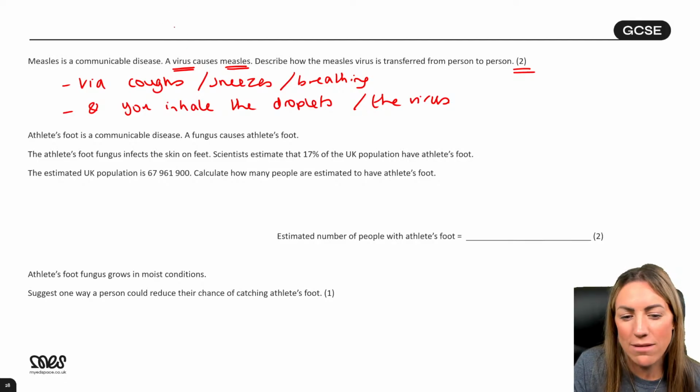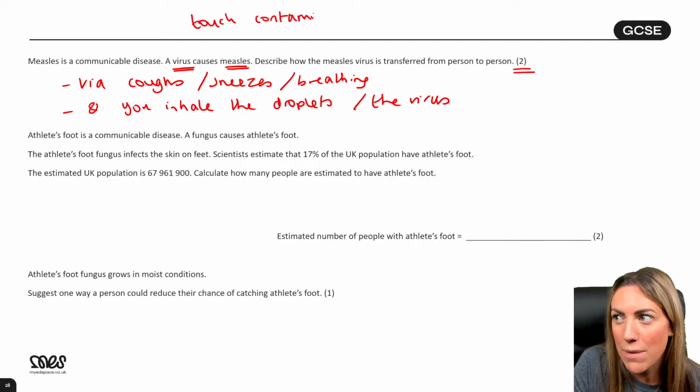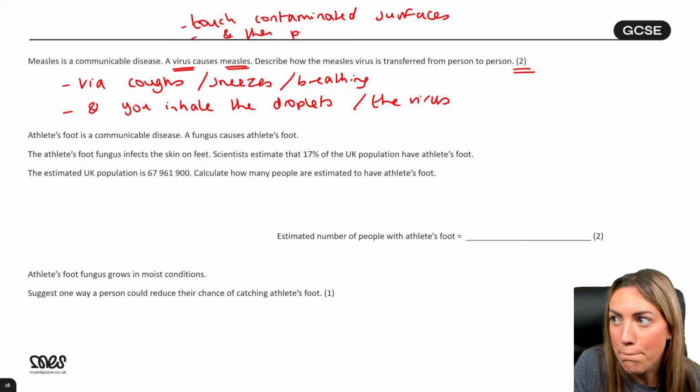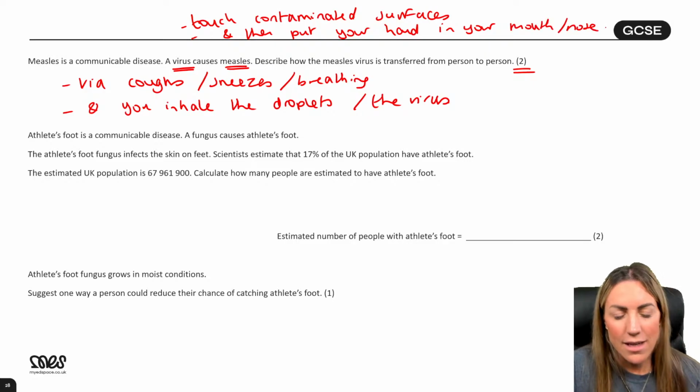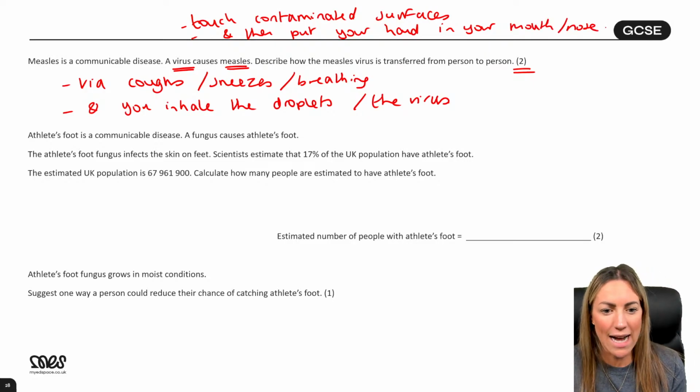Some of you are talking about surfaces. You could have said touch contaminated surfaces, but you'd still have to then say, and then put your hand in your mouth or nose. If you just touch a surface, that's not actually transferring it.